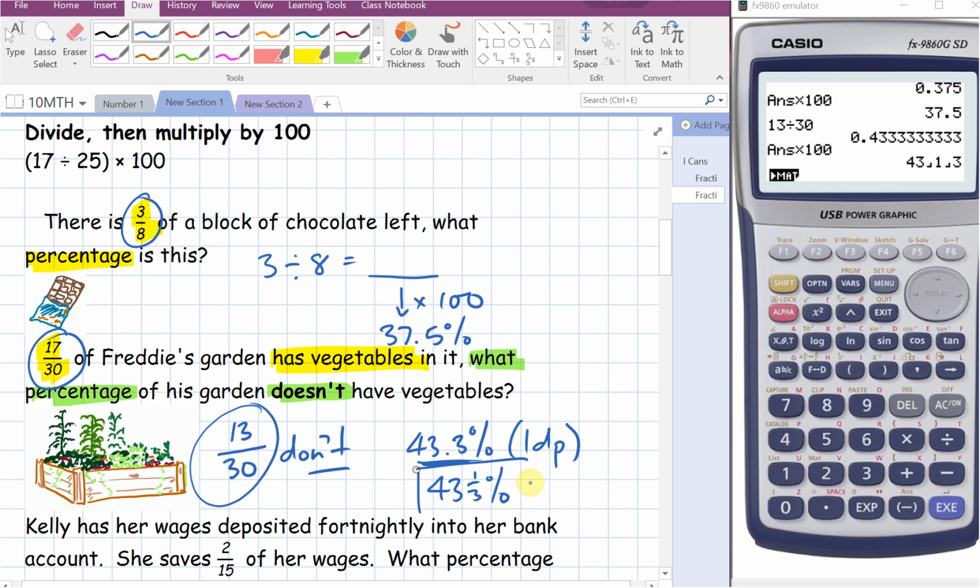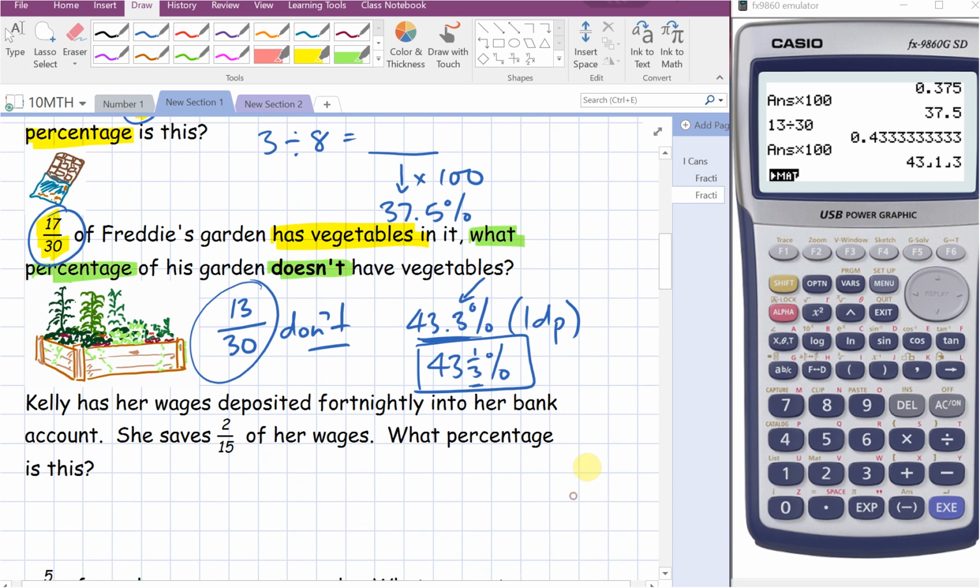So this would be far more accurate than this one here. So again, it's Shift and the FD button will change the fractional part into a fraction so that you can write the percentage with that part there as a fraction.